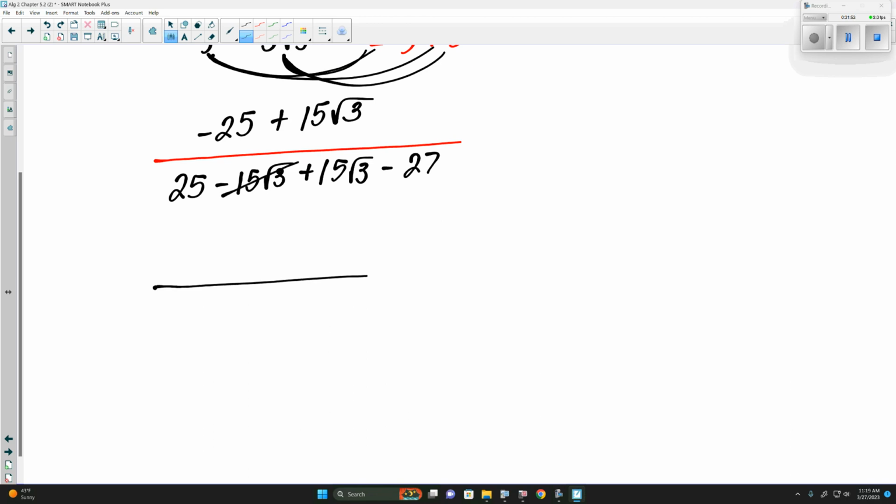Now in the denominator, our 15 square root of 3 and negative 15 square root of 3 will cancel out and become 0. The numerator is still going to be negative 25 plus 15 square root of 3. In the denominator, 25 minus 27 is negative 2.